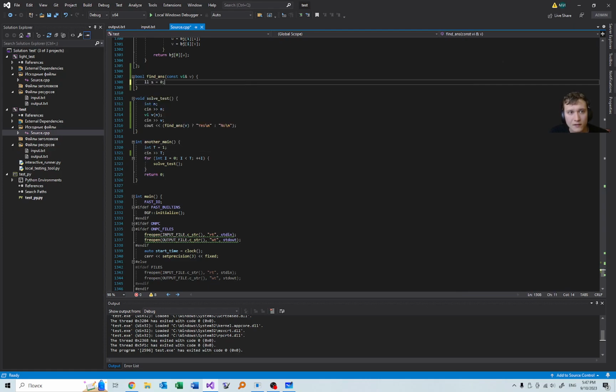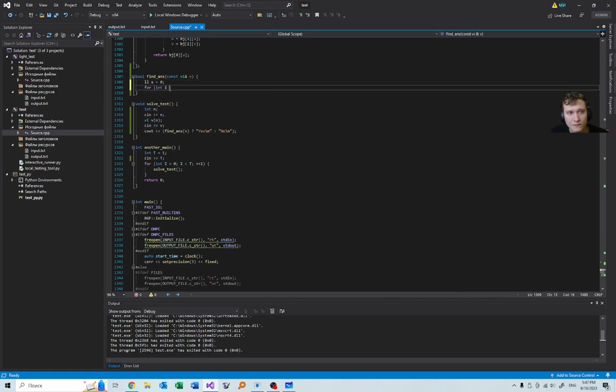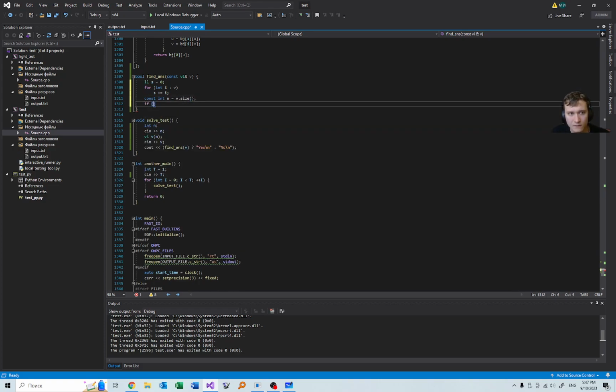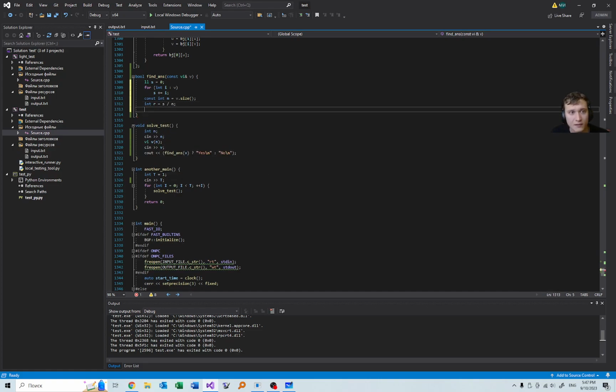First of all, we need the sum of all numbers. And if sum is not divisible, okay, let's do int r equals s divided by n, and if r times n is not s, then we return false immediately.